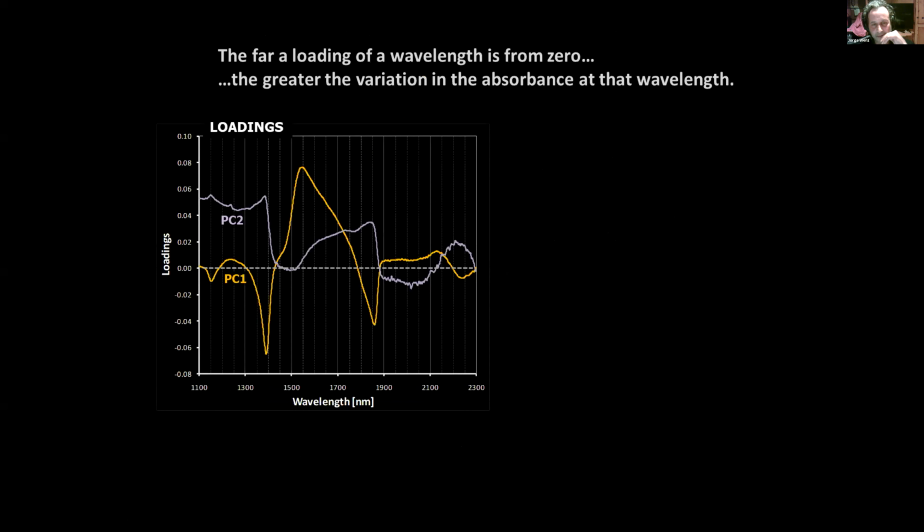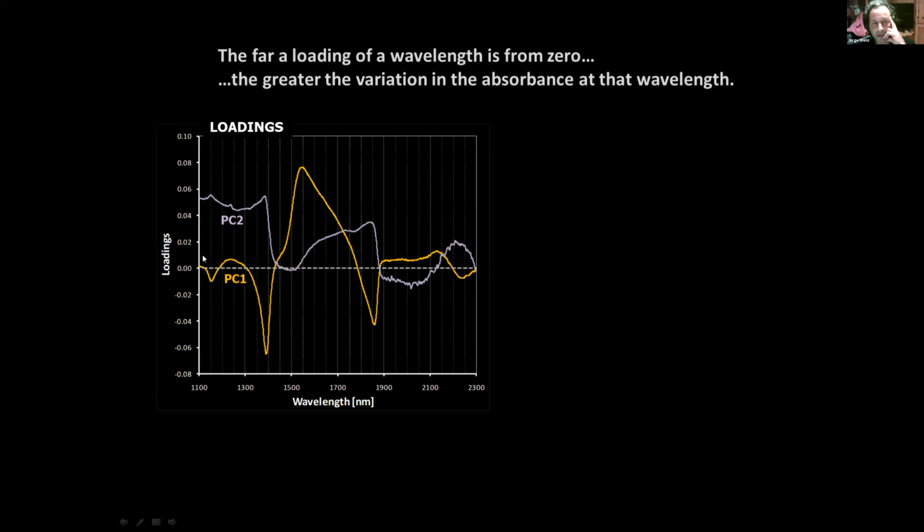Another useful output of the principal component analysis (PCA) is the loading. And what do they tell us about? They tell us about the wavelengths. Let's remember that loadings vary between -1 and 1.